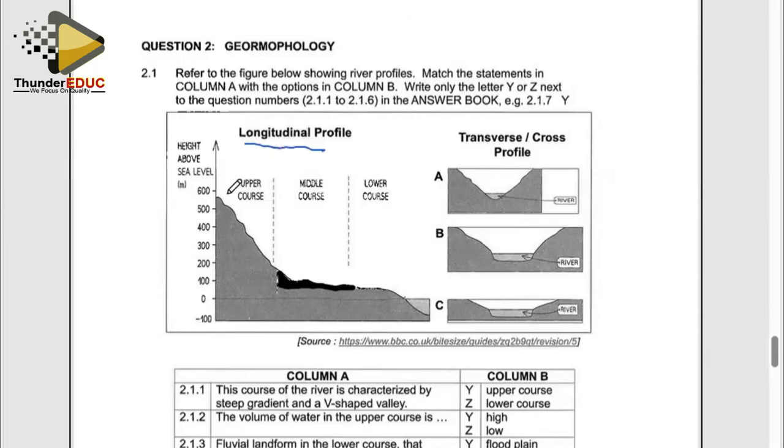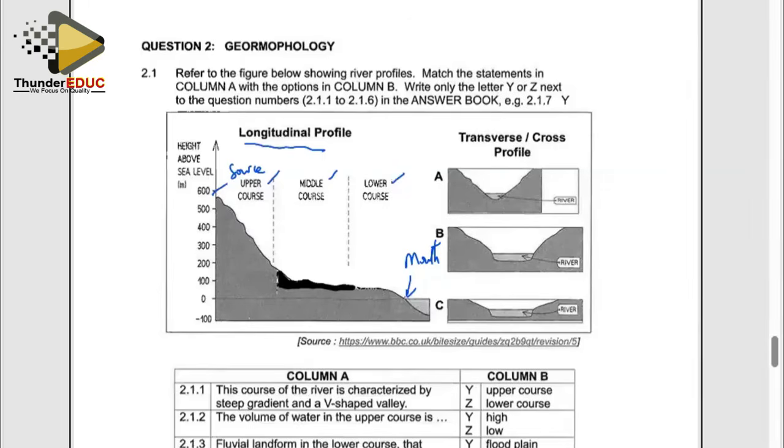A longitudinal profile of a river shows the shape of the river from the source, where the river starts, to the mouth, where the river ends. So our river is divided into three phases or three stages of development. We have the first part, which is the upper course, and then as the river progresses, it reaches what is called the middle course, and then it reaches the lower course.